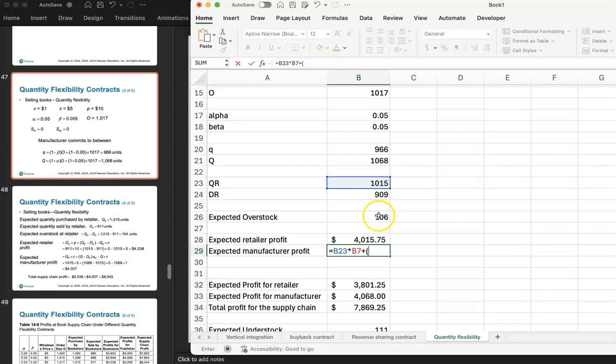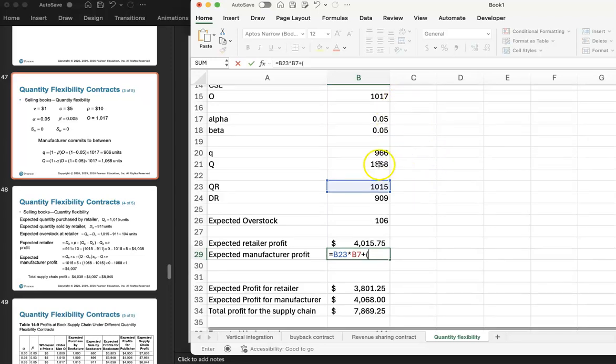There's also expected overstock at the manufacturer, and the expected overstock at the manufacturer is they expected to sell up to 1068 units, right? So they had 1068 units ready, but they only sold 1015 units. So this difference is the overstock at the manufacturer.